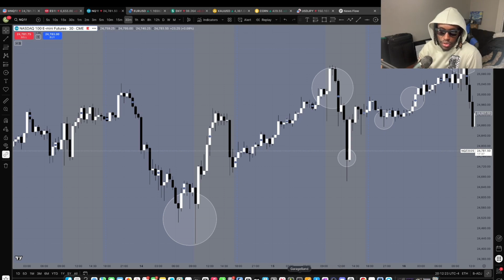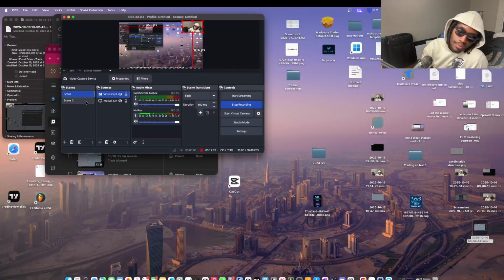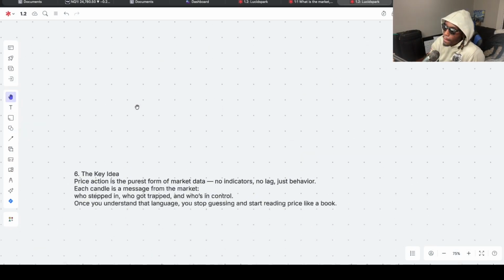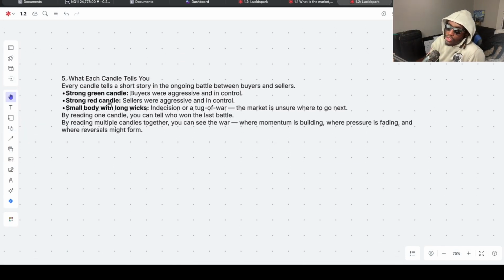Back to the presentation. What each candle tells you: every candle tells you a short story. It's an ongoing battle between buyers and sellers. A strong green candle means buyers were aggressive and in control.